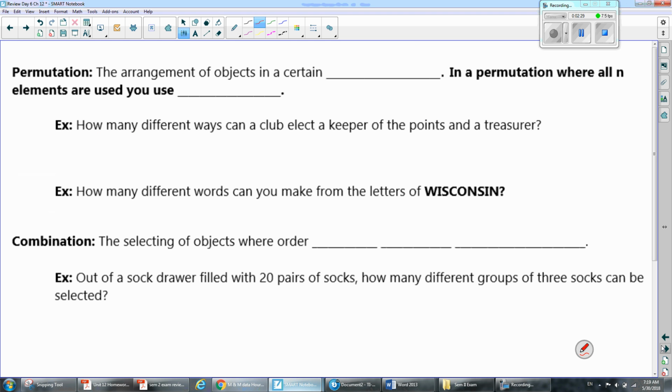Permutation, this is the arrangement of objects in a certain order. Order matters. In a permutation where all n elements are used, we use n factorial. That's a special button on our calculator. So how many ways can a club elect a keeper of the points and a treasurer? This is a permutation because you are assigning roles.